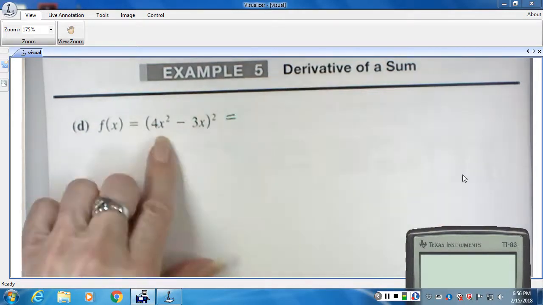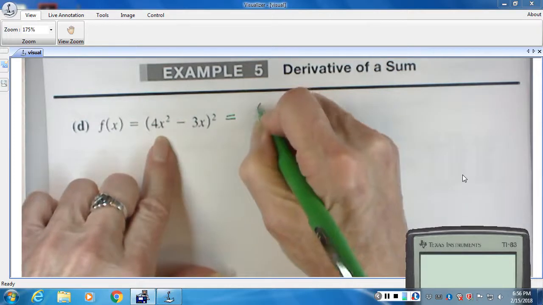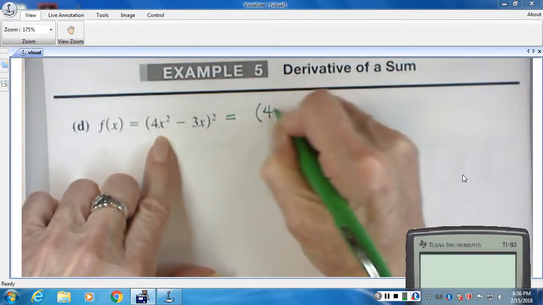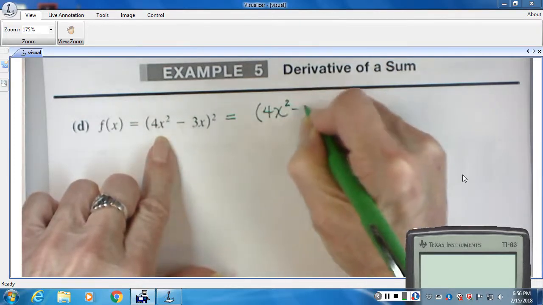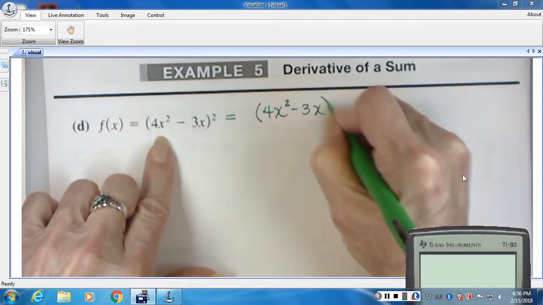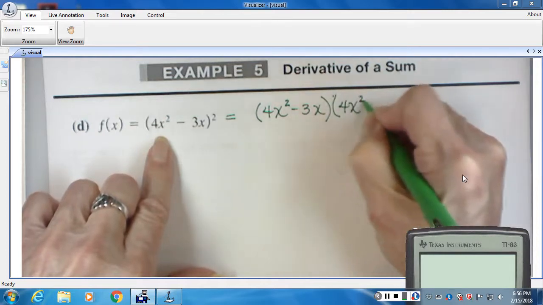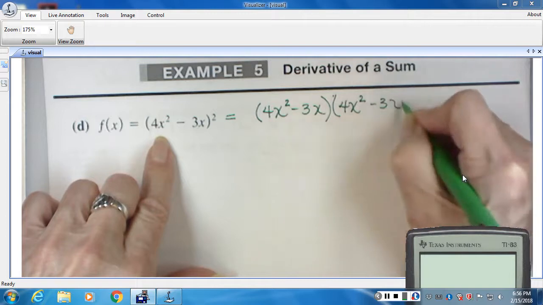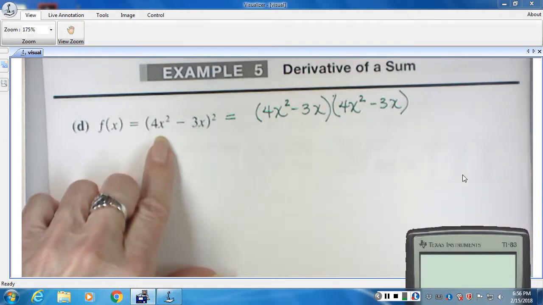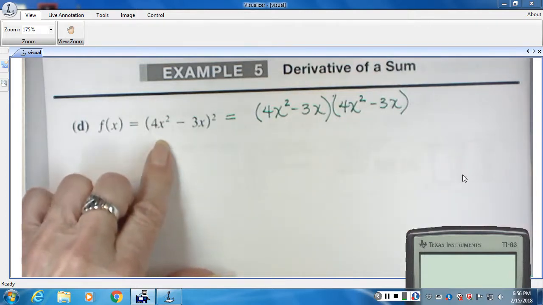4x squared minus 3x in parentheses squared actually means (4x squared minus 3x) times itself.